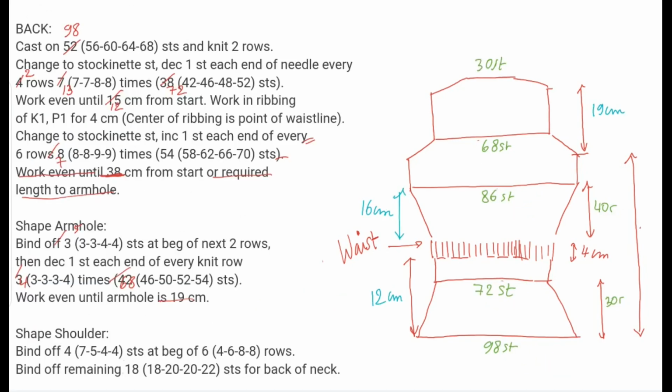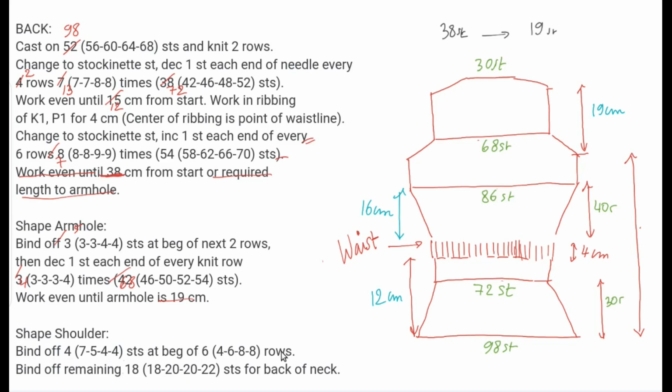So that means that I need to decrease 38 stitches. On each side, that means 19 stitches, half of 38. So let's look at how they do that. In their case, they're binding off stitches at the beginning of the next 6 rows.